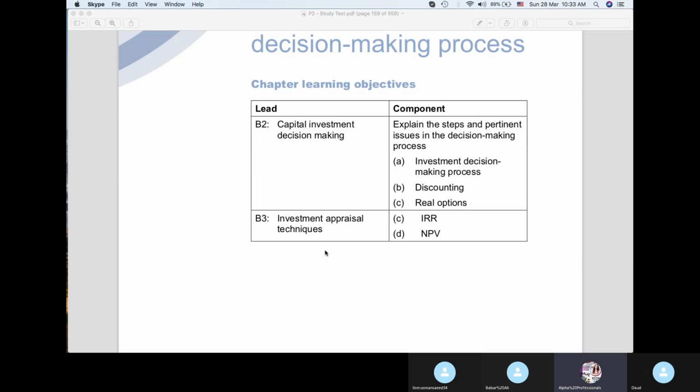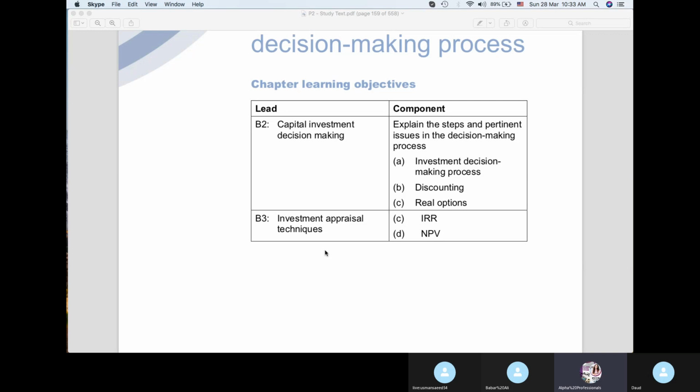Why would we be evaluating a project? Because organizations have to undertake new projects, and they are faced with a situation where they have multiple options.